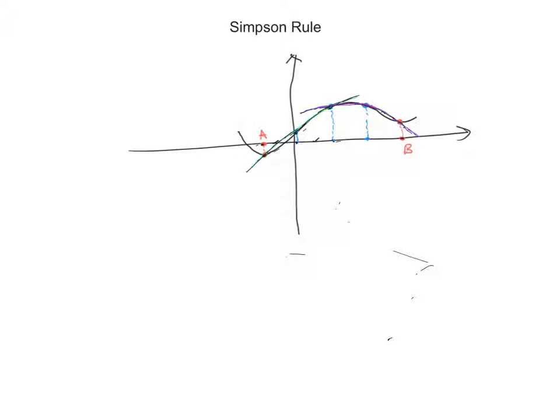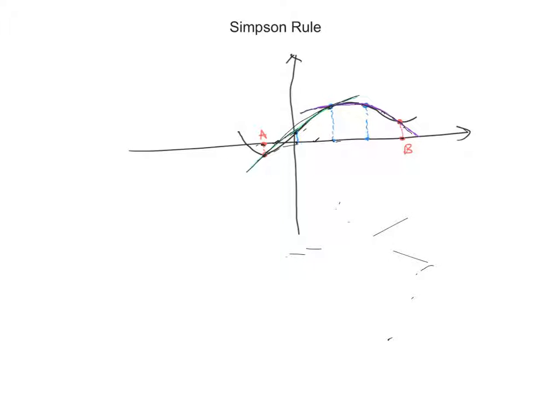So we find the areas of the portion bounded by a parabola and the x-axis, the algebraic area. We find that in each case and add them up to determine the formula, Simpson rule.